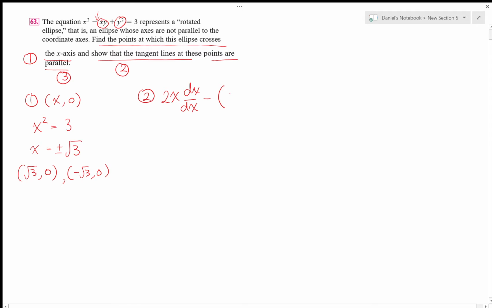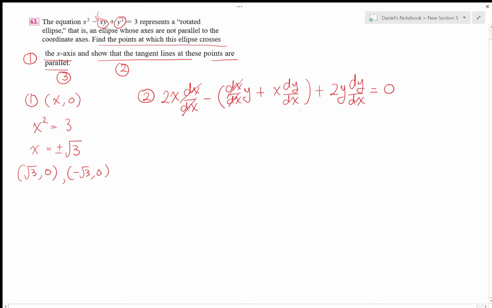We then have the derivative of xy, which becomes dx over dx times y, plus x dy over dx, and then close the brackets, plus 2y dy over dx equals 0. The derivative of a constant is always 0. Now, dx over dx basically goes away.